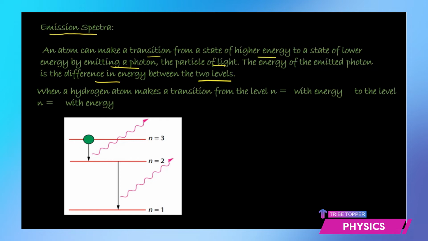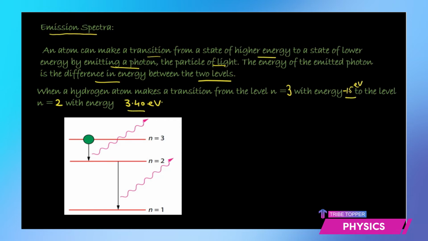So if we say that an electron makes a transition from the level n is equal to 3 with an energy of minus 1.5 electron volt to the level n is equal to 2 with an energy of minus 3.40 electron volt, then how much is the difference to go from this level to this level?